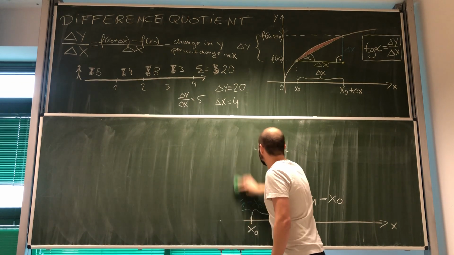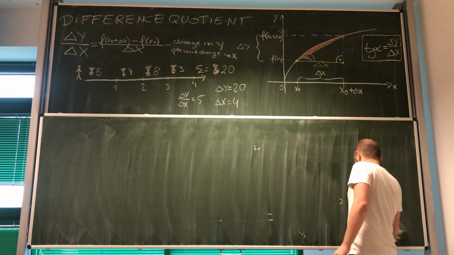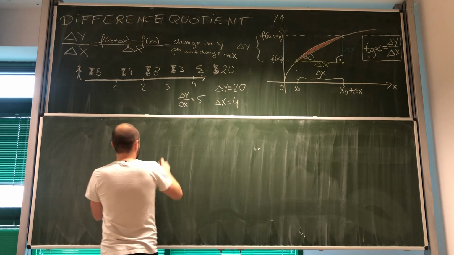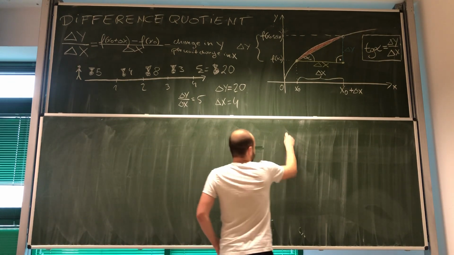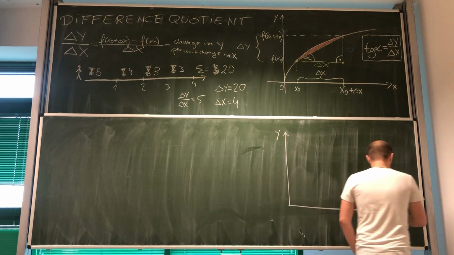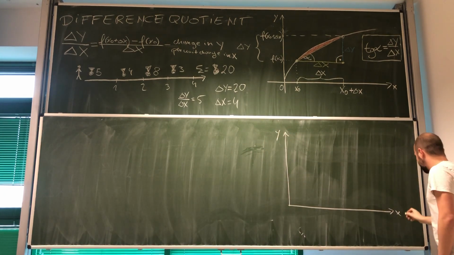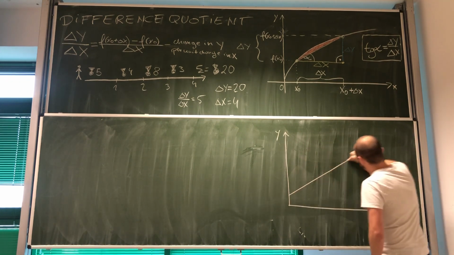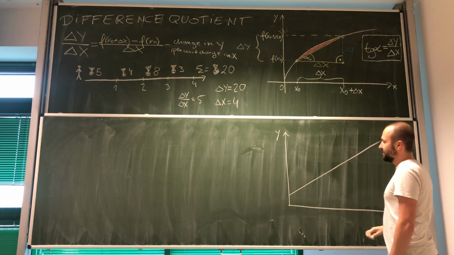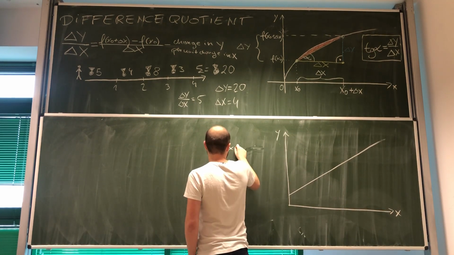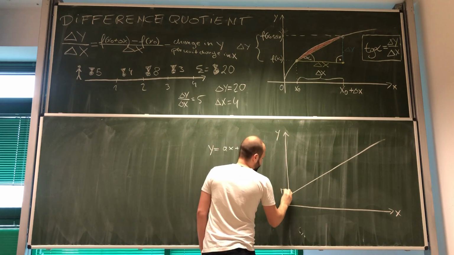Because look, if we would be using a difference quotient for a straight line, so for example, we would have y over here, x over here, and the line would go like this, right? This is some function y equals ax plus b, right? Where here is b.